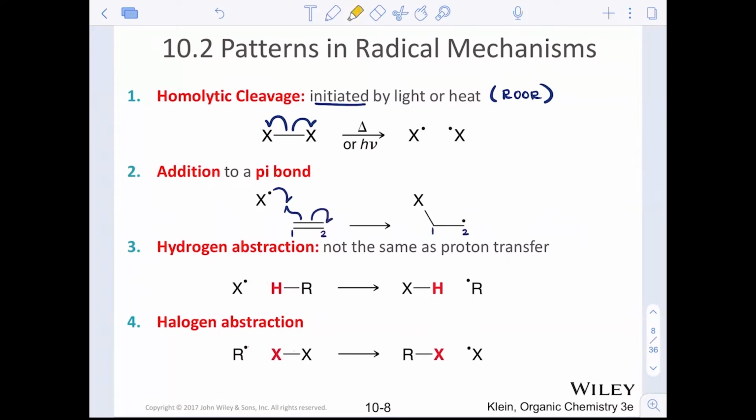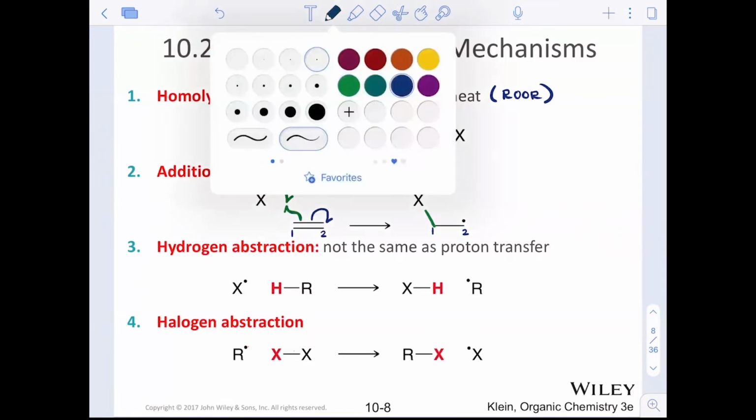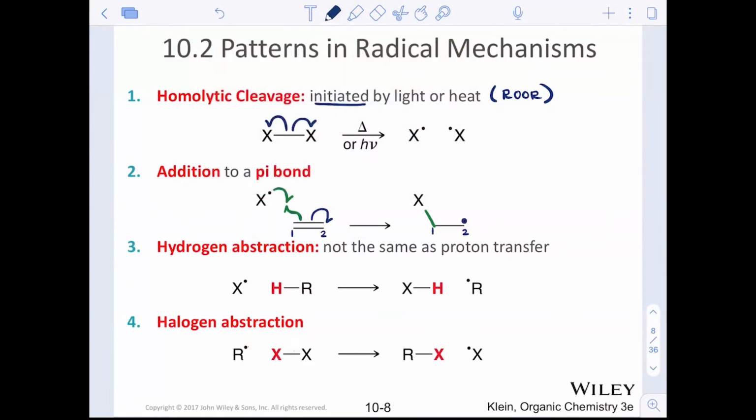A couple of things just to note: these two arrows, I'll highlight them in green, are making the new sigma bond from the pi bond, and carbon number 2 gets the leftover electron as a radical. That radical right there.